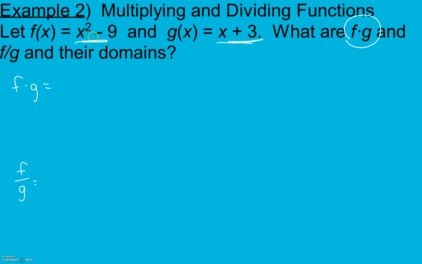So f of x, x squared minus 9, times g of x, x plus 3. Here I have a binomial times a binomial, so I'm going to FOIL.